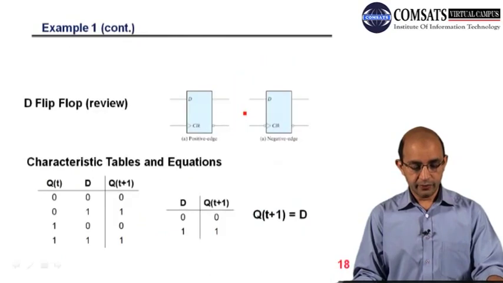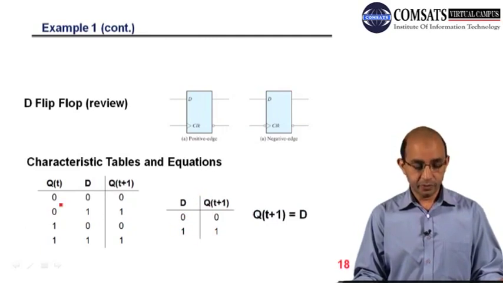The same review. So this is the characteristic table, but here we have a more elaborated characteristic table. You can see the difference: here we have the previous state and this is the next state. So whenever D is 0 and we have present state, or previous state, let's talk about the present state.